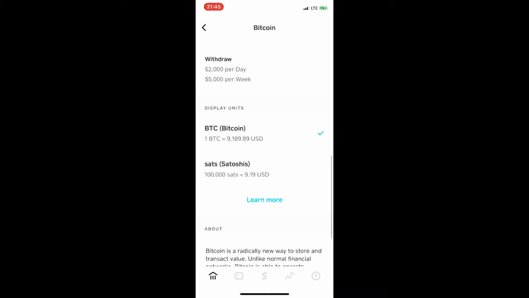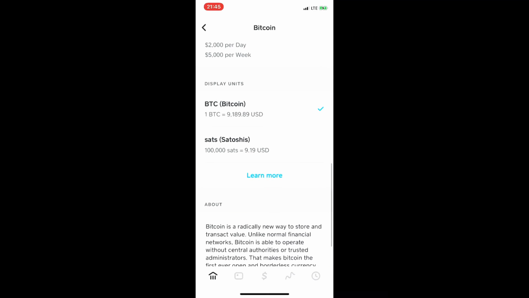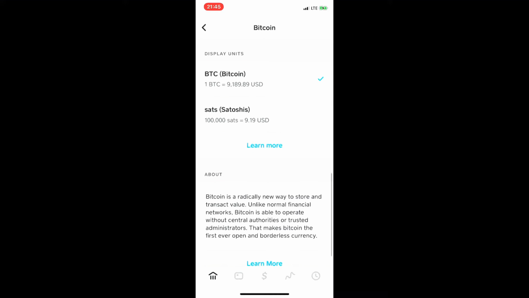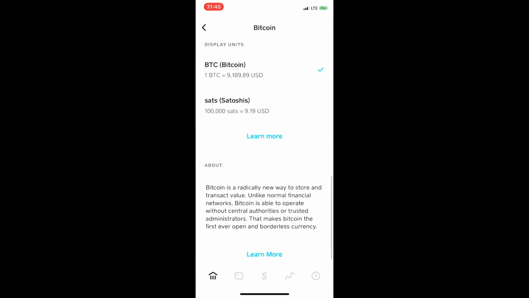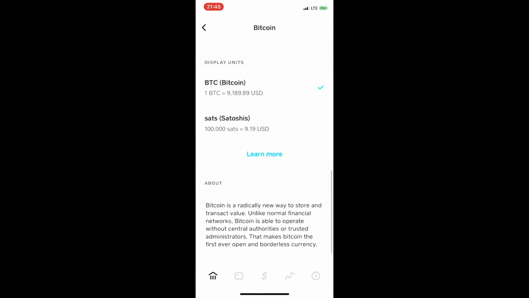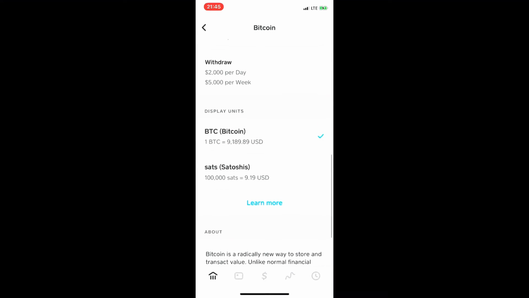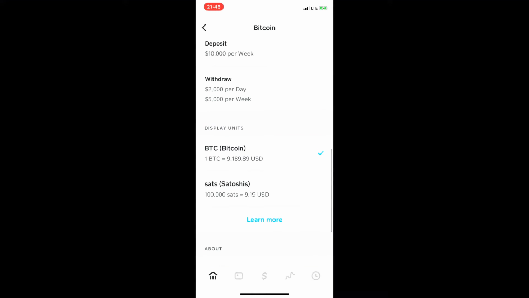One Bitcoin is 100 million sats. So it seems like Bitcoin is $1 and the sats are like pennies. But enough about that. It gives us a brief description at the bottom if you ever forget what I just said. And I think there's also a little guide if you press learn more.